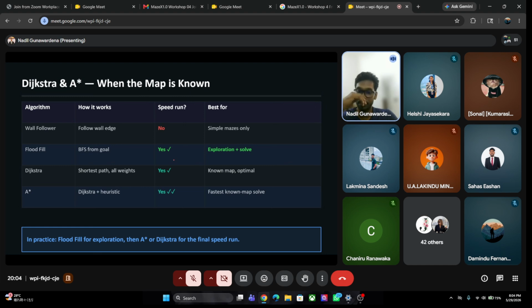Since it doesn't know about the maze yet, go straight, turn 90 degrees and turn 180 degrees, and use the flood fill algorithm for the initial exploration phase.